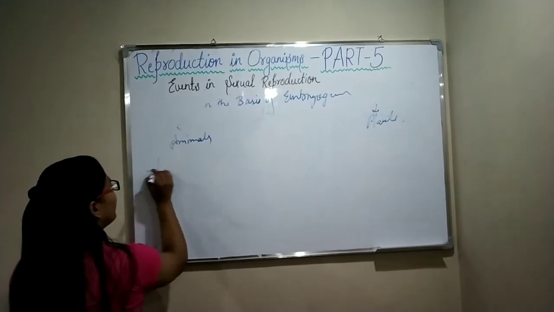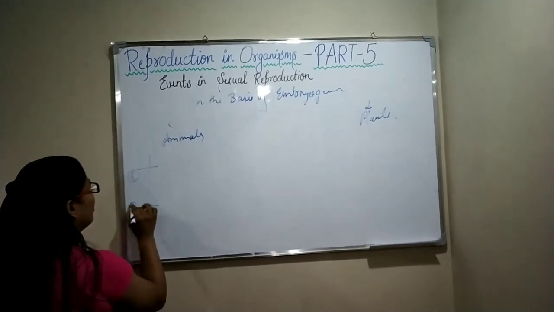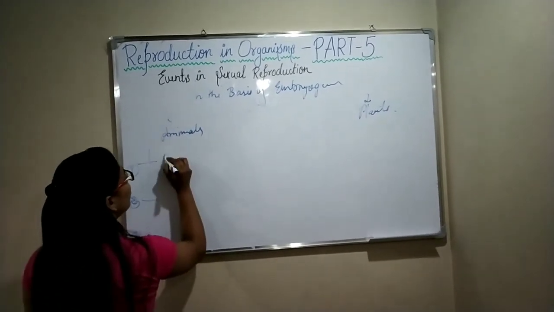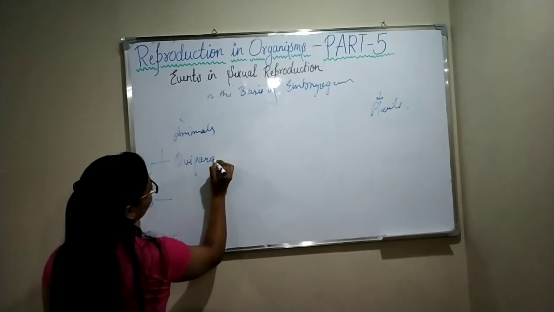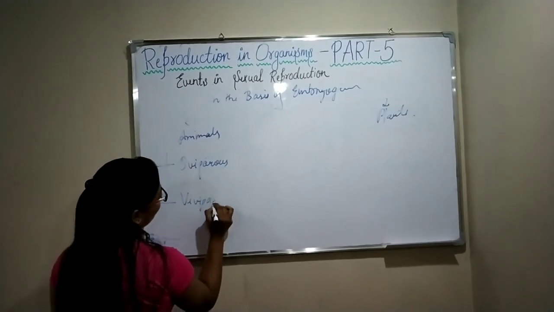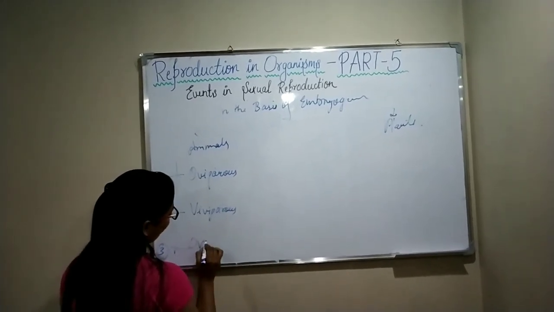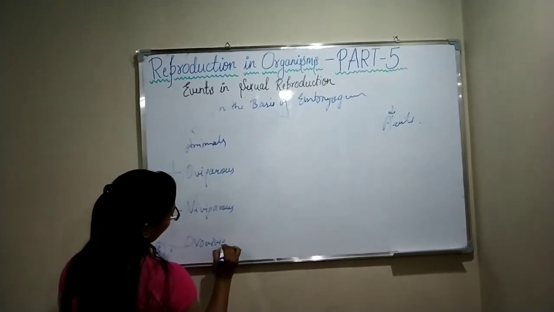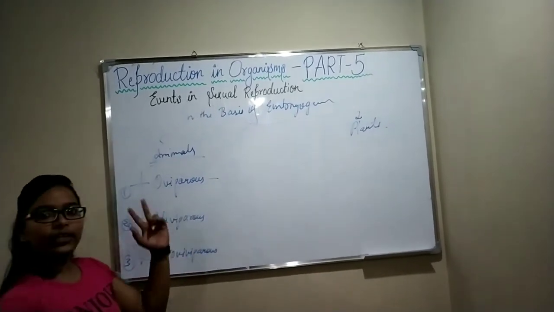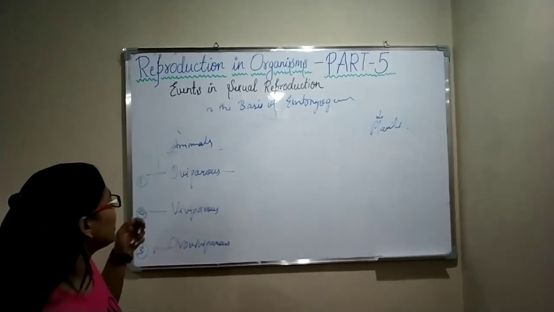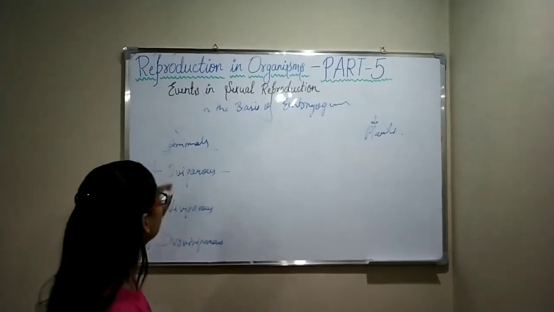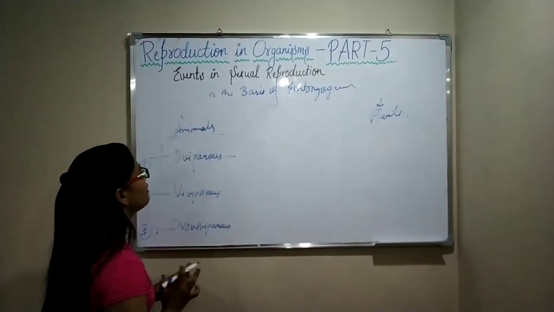In animals, we have three categories. First one is oviparous. Second one is viviparous. Third one is ovoviviparous. These are the three types on the basis of embryogenesis in animals. We are talking about only animals.